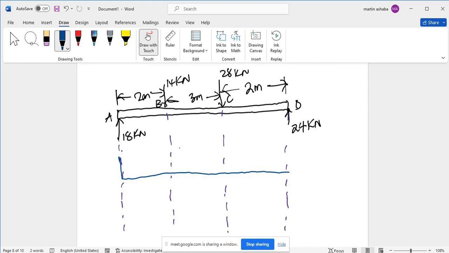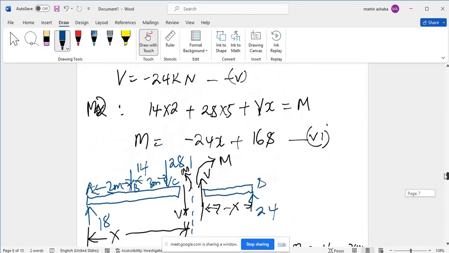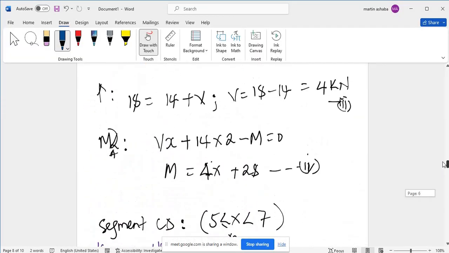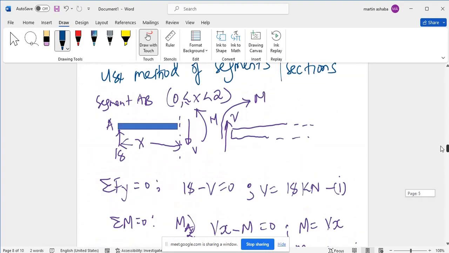So if I move 18 kilonewtons, I am going to first check. You will see that the shear force at that position is supposed to be 18.